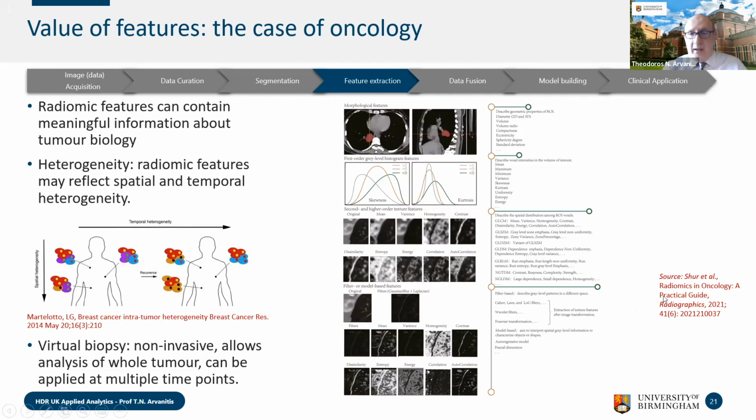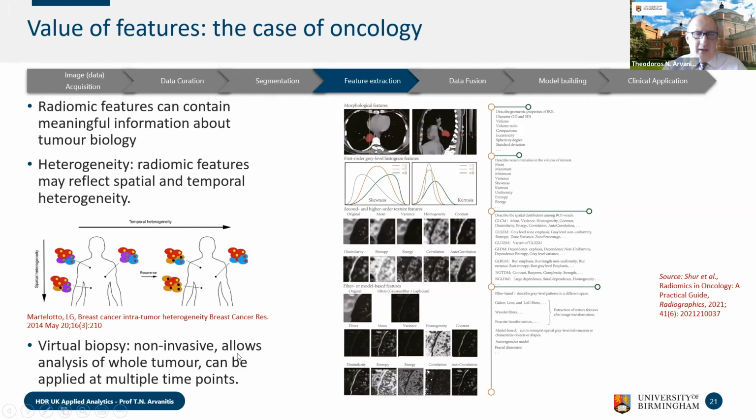And a very good practical guide for people who want to get involved in radiomics has been published in 2021 by Sherrod and the colleagues at the Radiographics periodical, which identifies the set of features and groups them in terms of morphology, in terms of histogram, gray levels, in terms of different texture, second and higher order texture features, or based on the modeling of this and what they mean for the biology of the tumor.